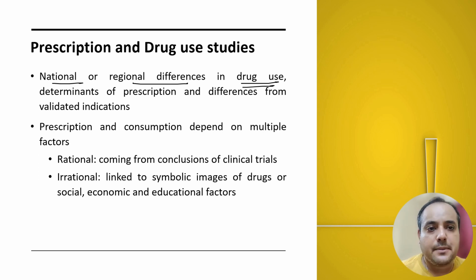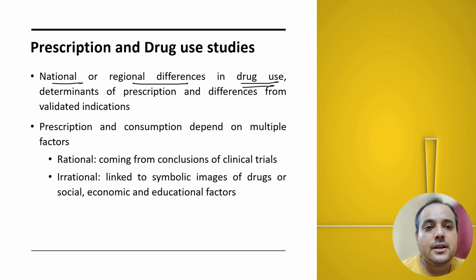Even that is kept in mind, because a particular region of a country may have more prevalence of a disease rather than some other part of the country. So there may be some regional differences in the drug use. There can also be national differences, right?